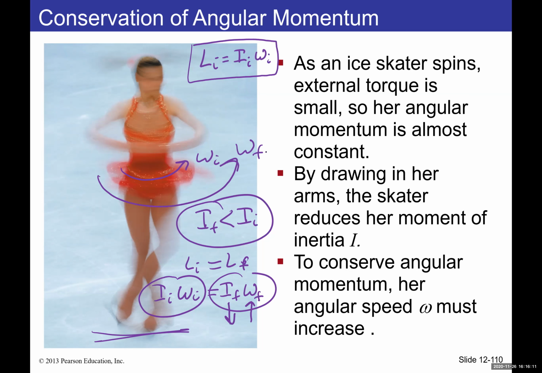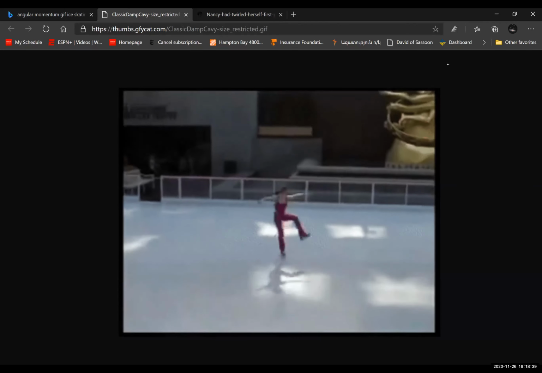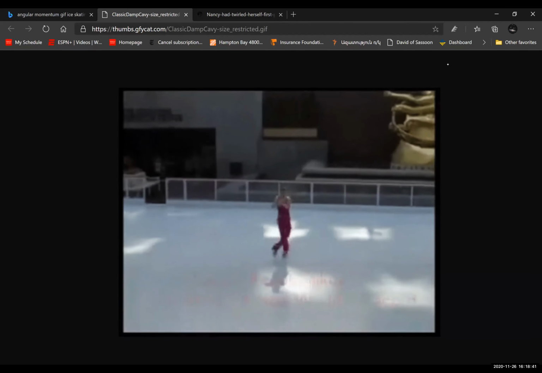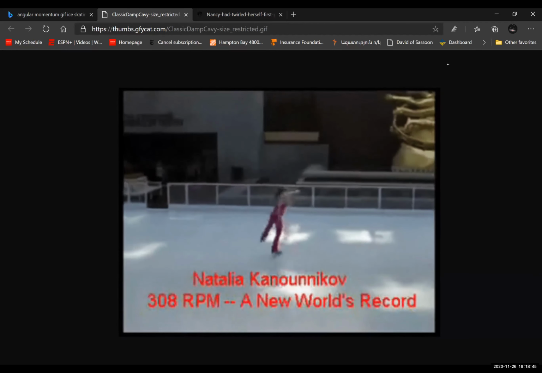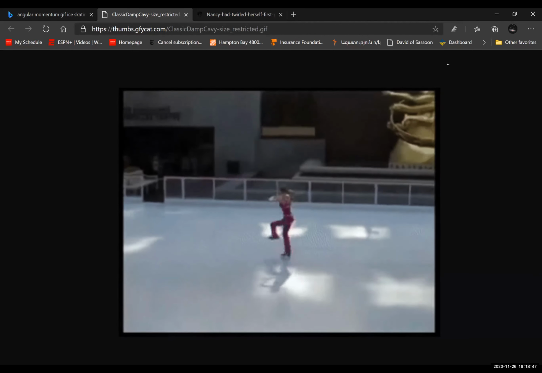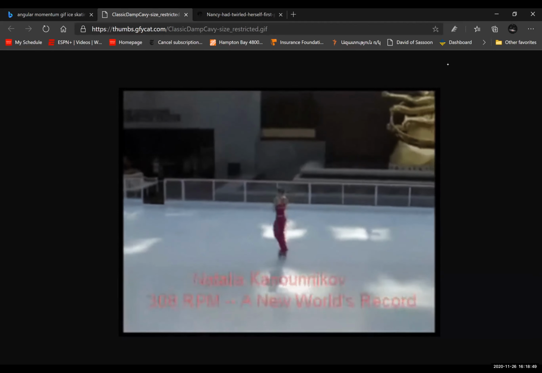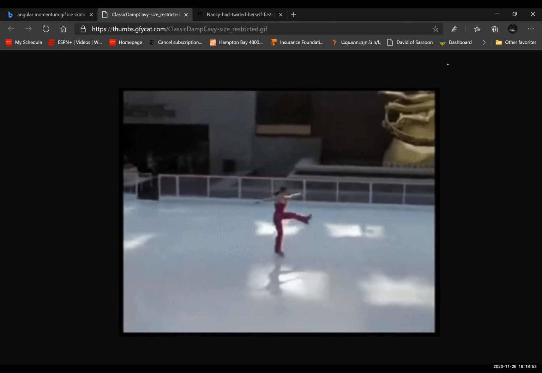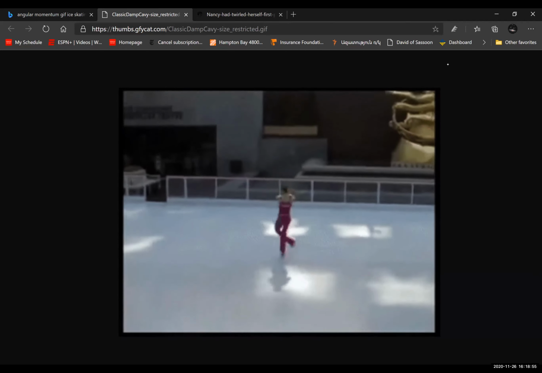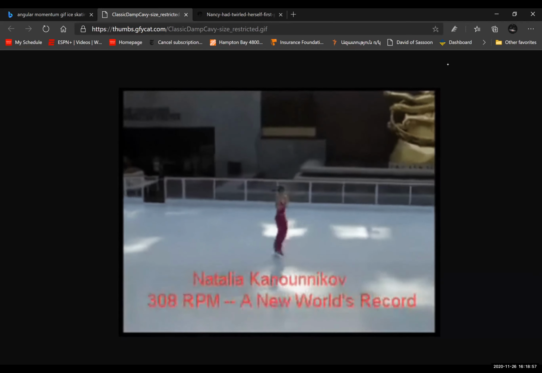So let me show you that in a nice little video. All right, so here you can see, let's say this is the original shape, and this is her speed, and then as she decreases her moment of inertia, see by how much her angular velocity increases. So this is the conservation of angular momentum.